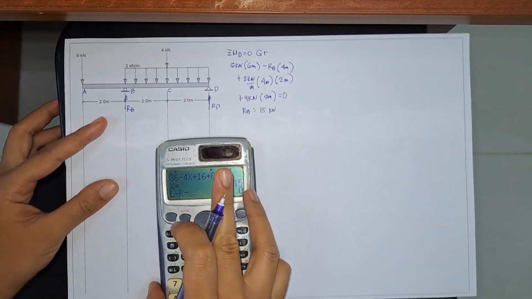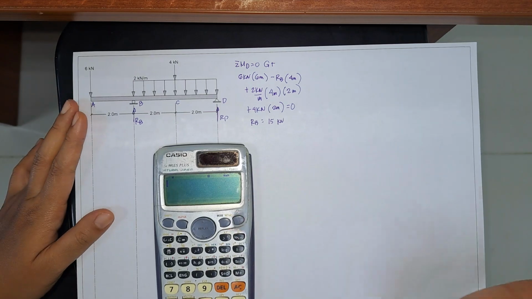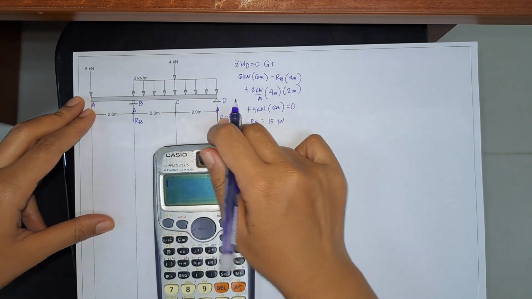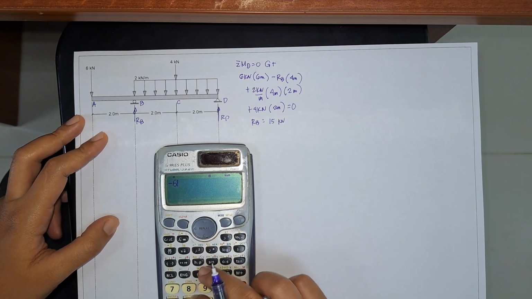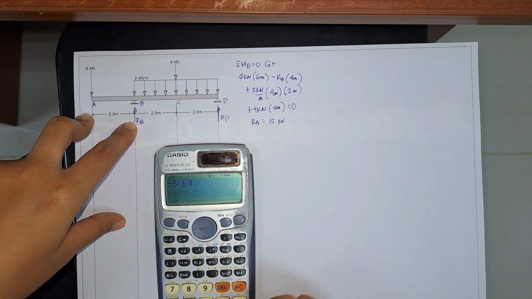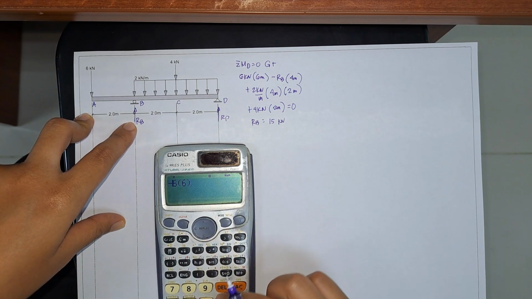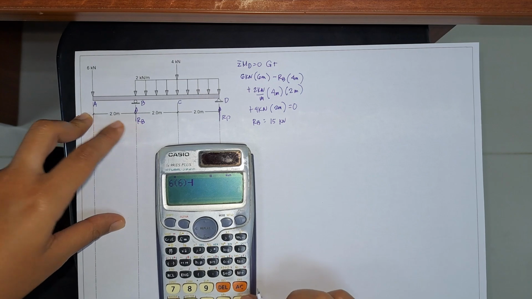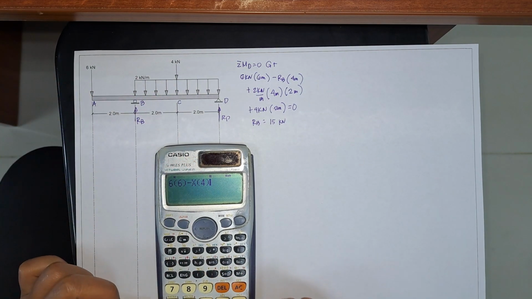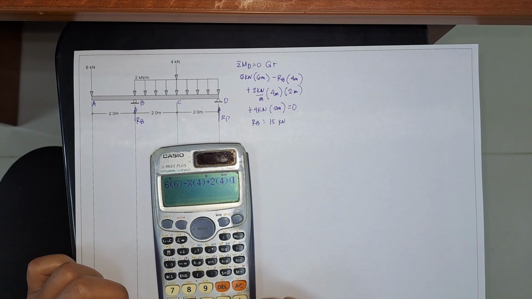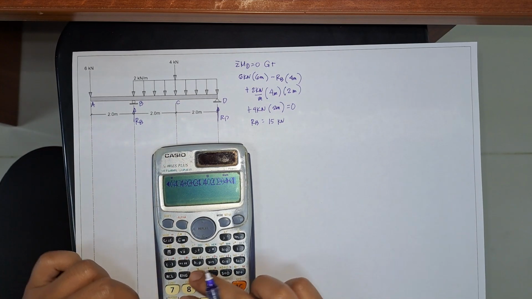Again, we need to double check para walang sisihan sa huli, no? So we have a moment at D. Negative 6, 6, plus minus x of 4, tapos we have plus 2 by 4 by 2 plus 4 by 2.